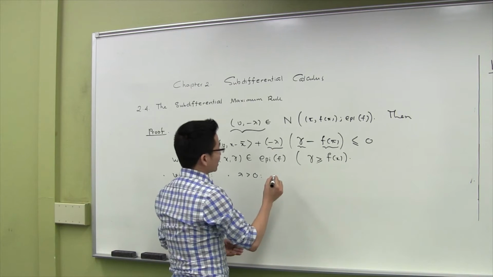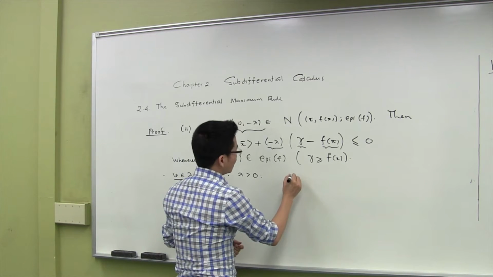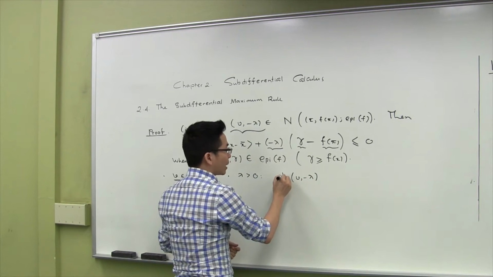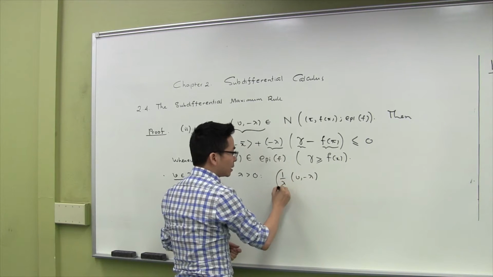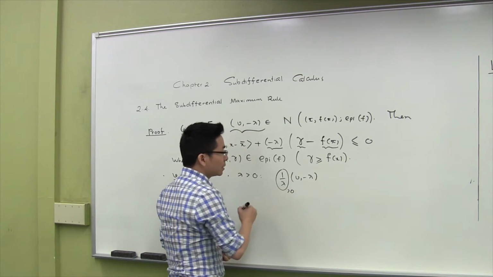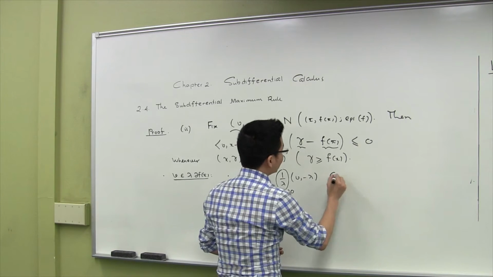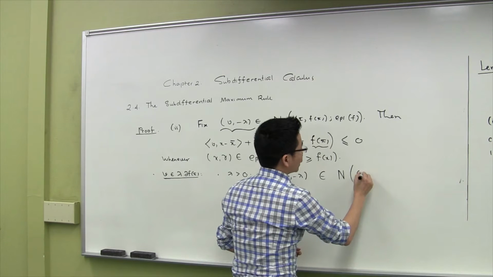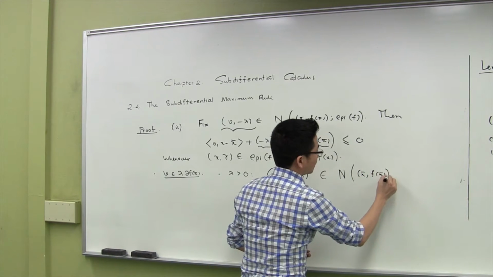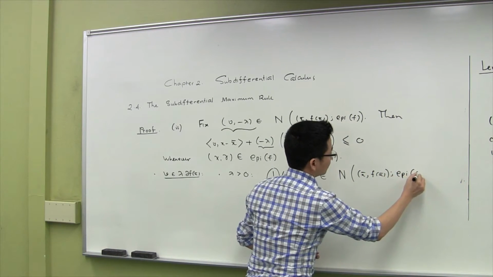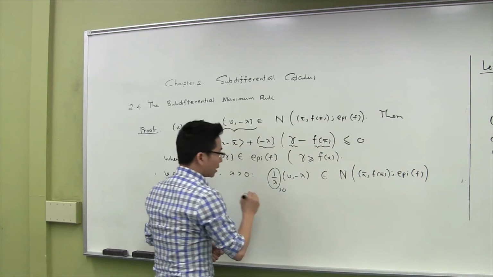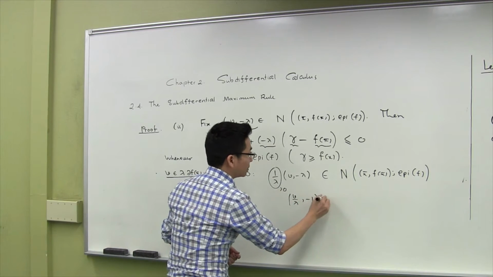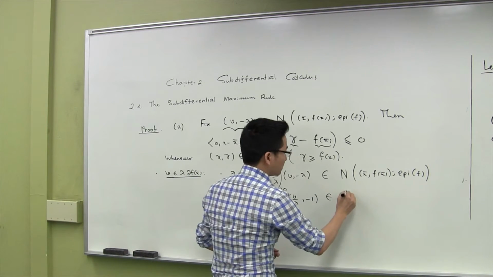So then we have the following. (v, minus lambda) times 1 over lambda. This is a positive number. So this element is still in the normal cone to the epigraph of the function at (x bar, f of x bar). Okay, it also means that (v over lambda, minus 1) belongs to this normal cone.